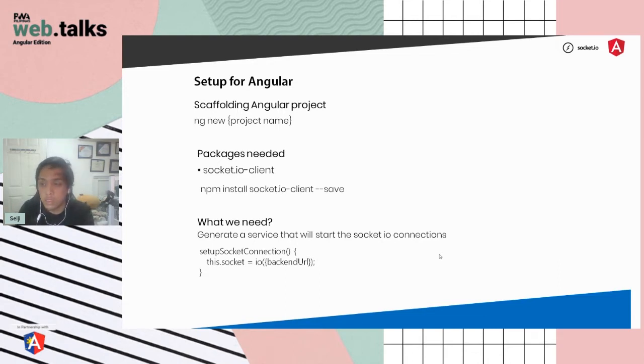Basically, we will just create a function inside the Angular service. Then we will place it as a parameter in the IO, and we will assign it to the socket to be used outside, in our components that need the connection.